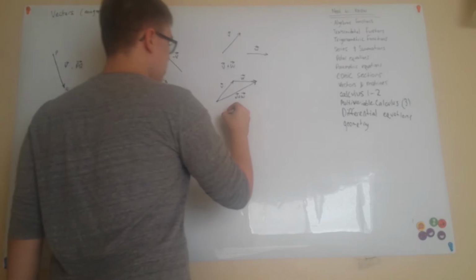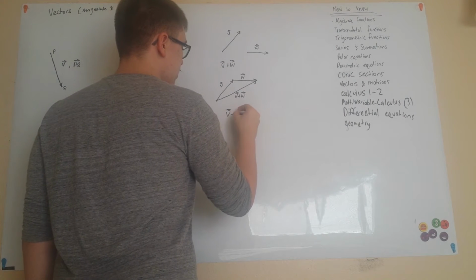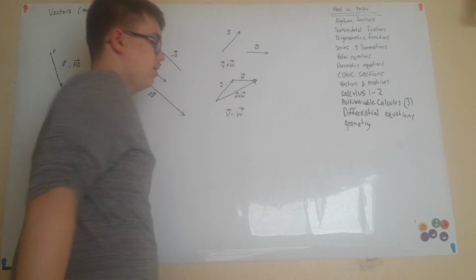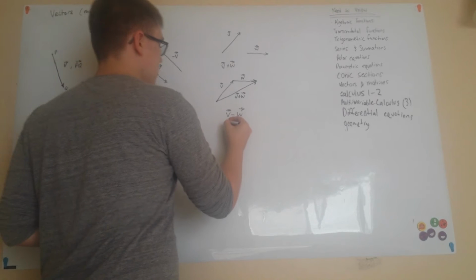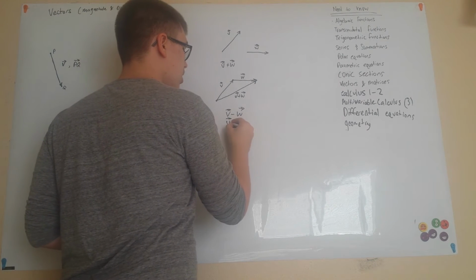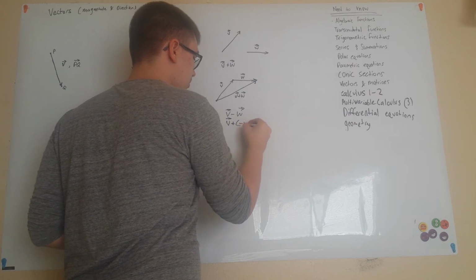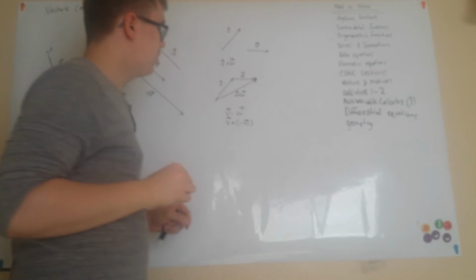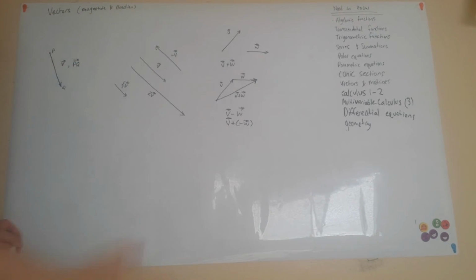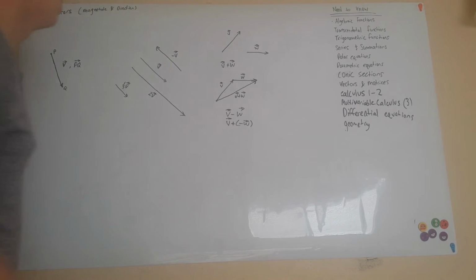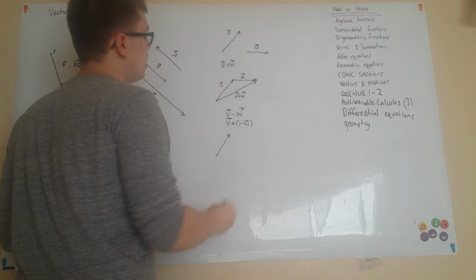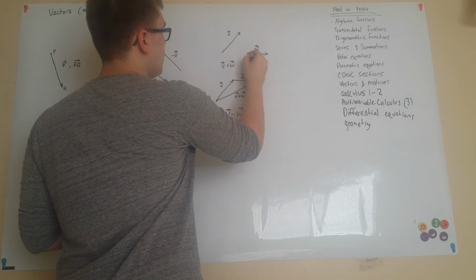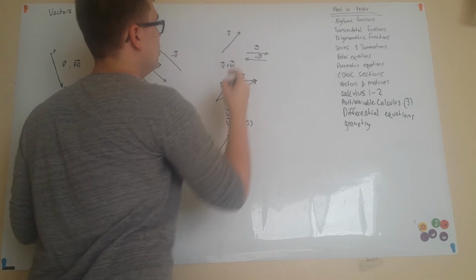Now someone might say, well, what about if we do vector v minus vector w? Well, think about that as vector v plus the negative vector w. That might make it easier to visualize. So we still have positive vector v, but now we take, oh, this is negative vector w.